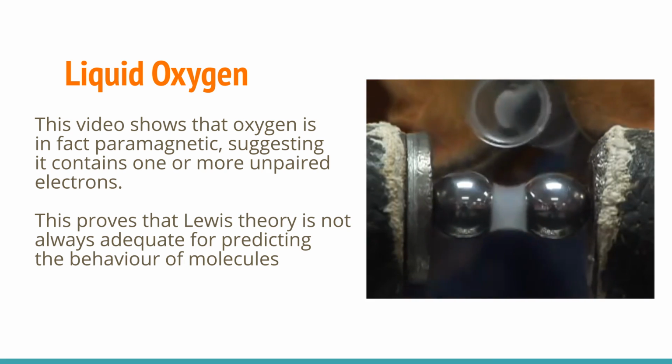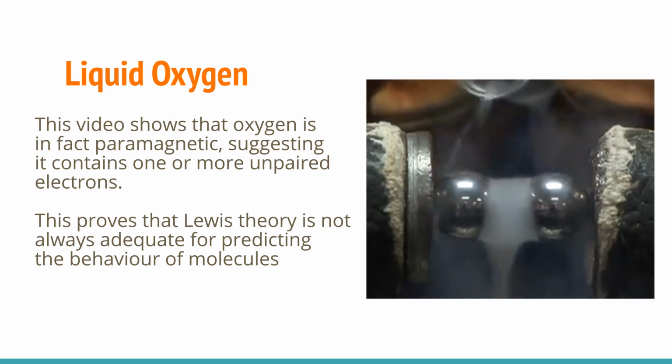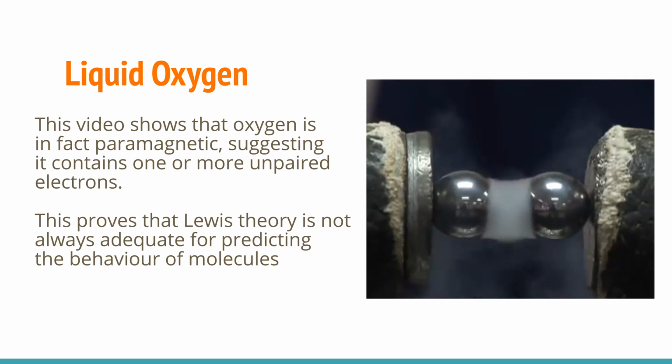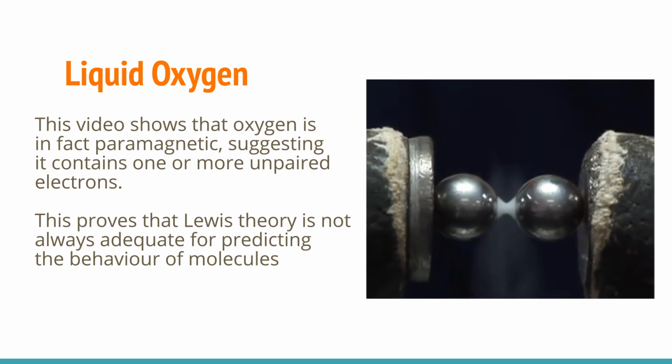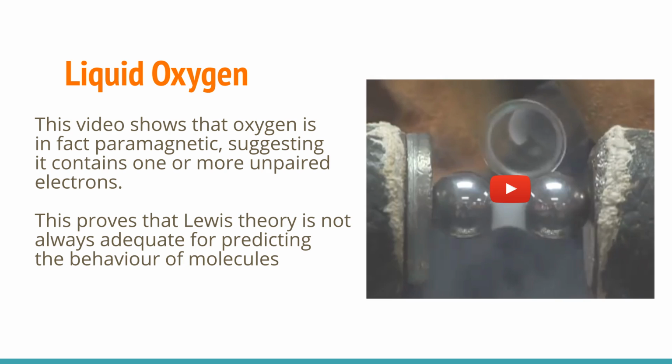And we can even make a little bridge out of liquid oxygen that'll stay there until the oxygen finally boils away. This property proves that Lewis theory is not always adequate for predicting the behavior of molecules.